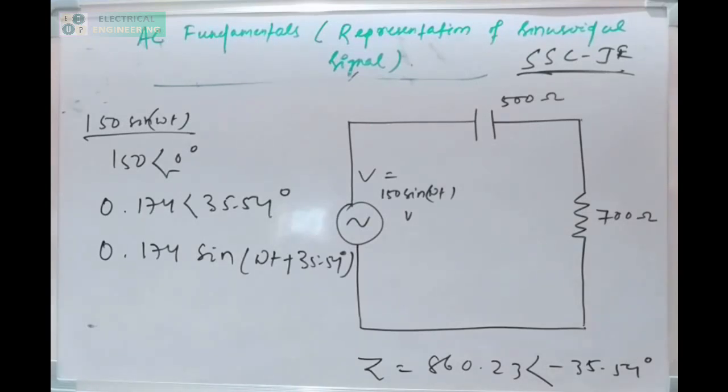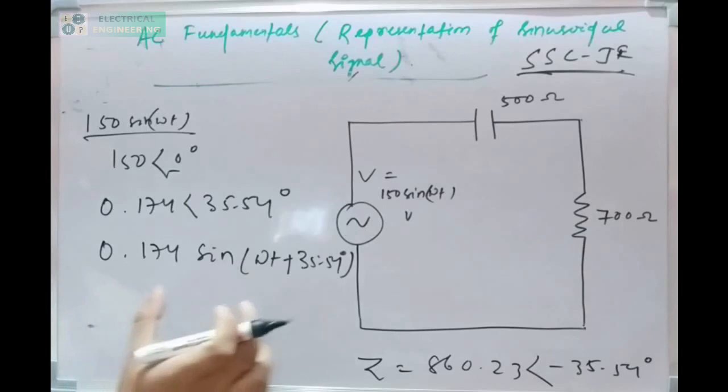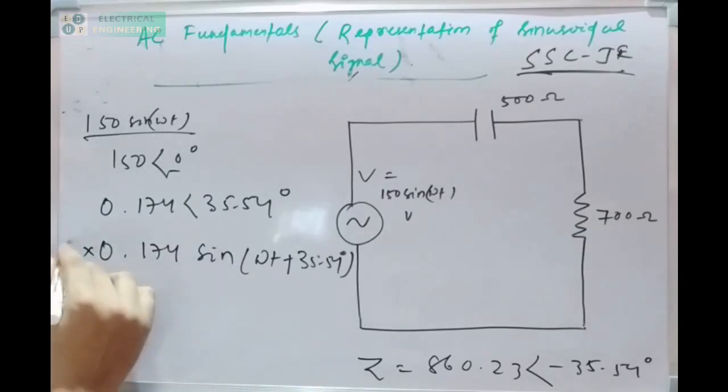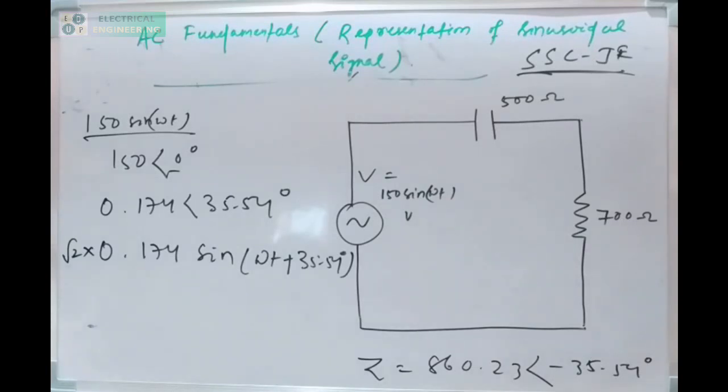Okay, so it is wrong here. In sinusoidal form there will be a peak value, so we will multiply by root 2. Actually, the answer will be none of these options. And to confuse you, there is an option, option B, 0.174, and most of the students are going to tick that.